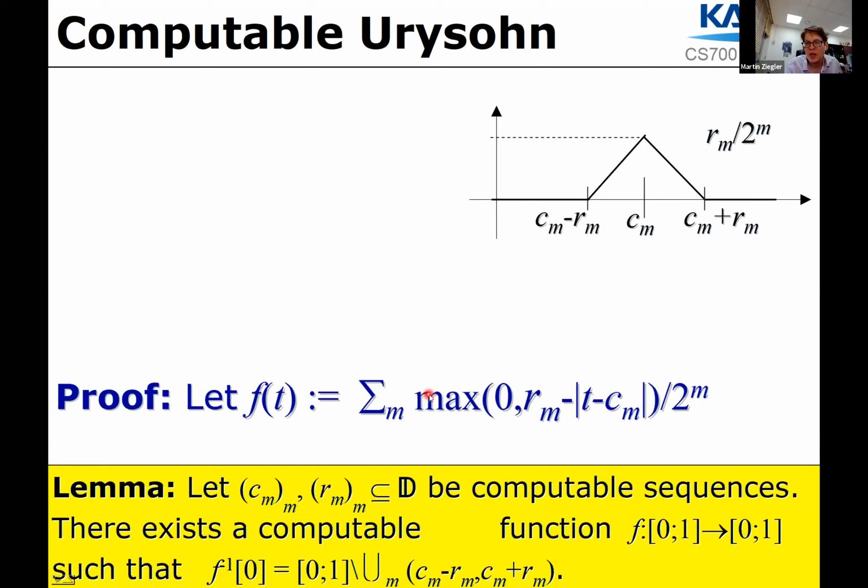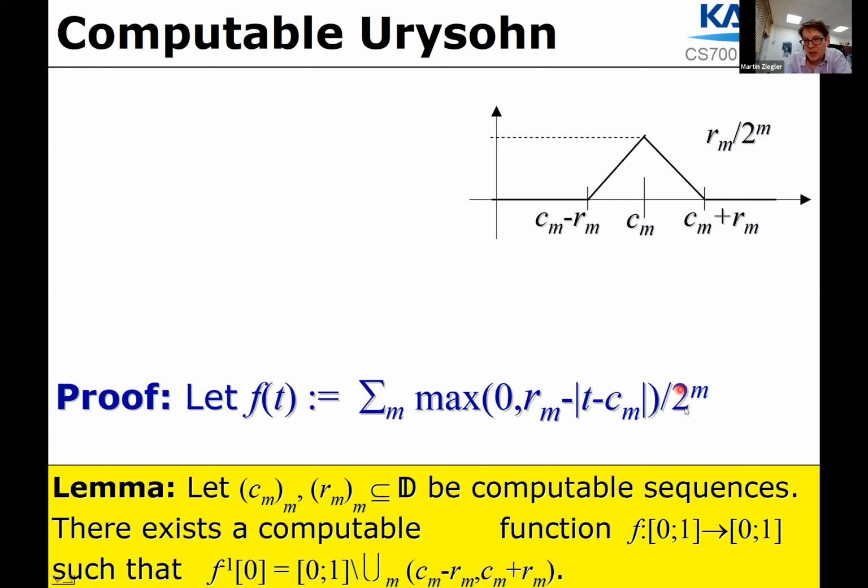But here, there's no hypothesis about these supports being disjoint, and in general, they don't need to be disjoint actually. So why is this function still computable? Why is this function even well defined, right? We have this infinite sum here, and so it may easily diverge, right?